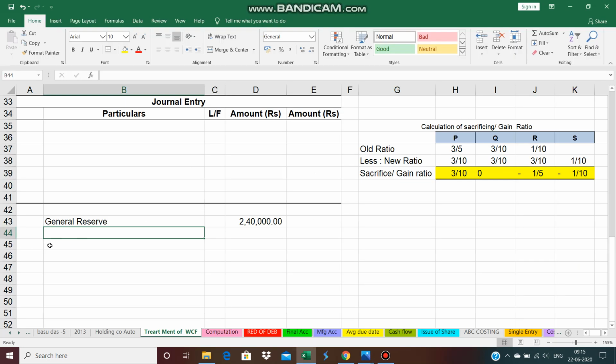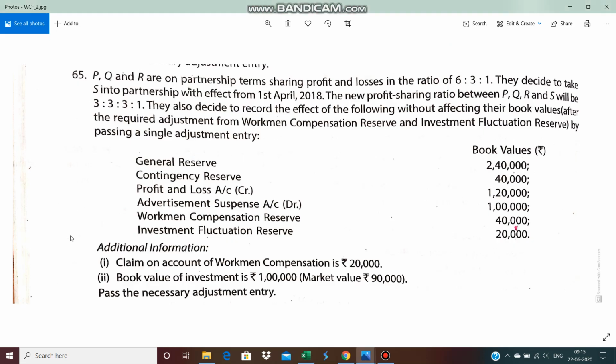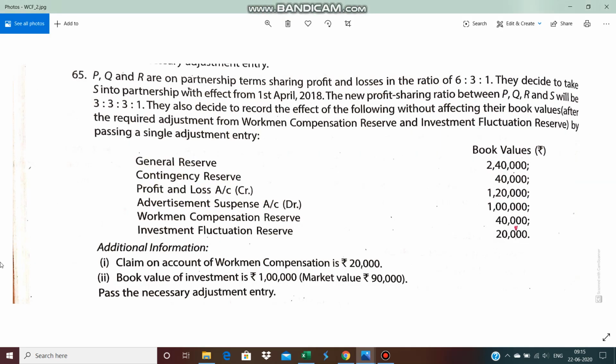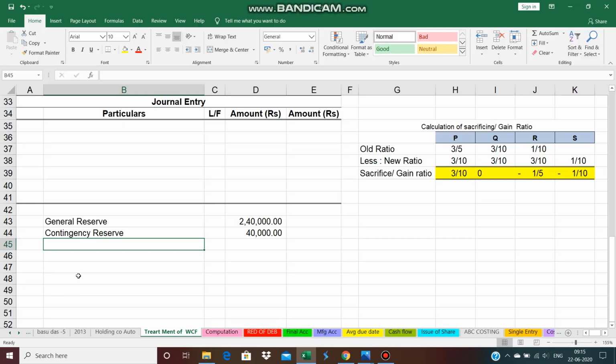Now the contingency reserve. There is a contingency reserve of 40,000. Now there is a P&L credit, that means it is added to the profit and loss account.